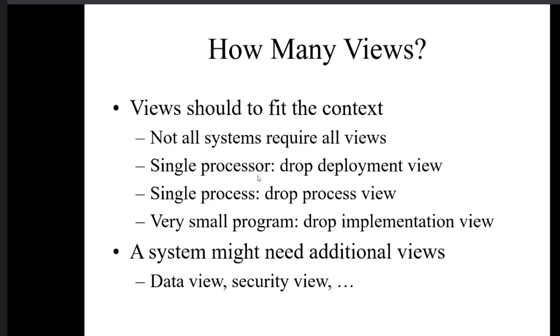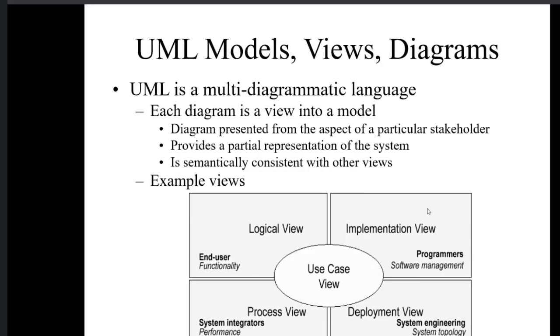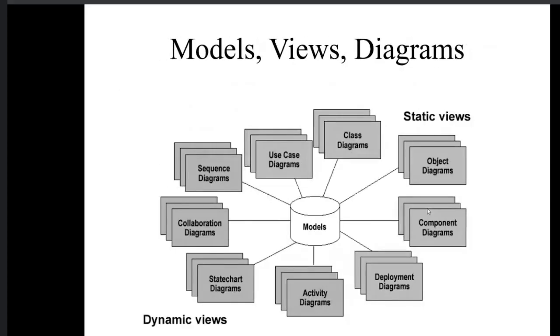Suppose we are using a single processor, then you may not think about deployment views. Multiple processes are not there, a single process is there, so you can also remove the process view. You can just carry on with the first view, the logical view.